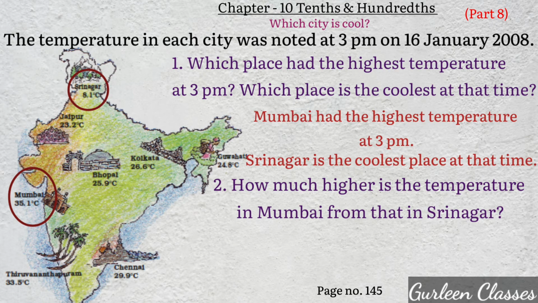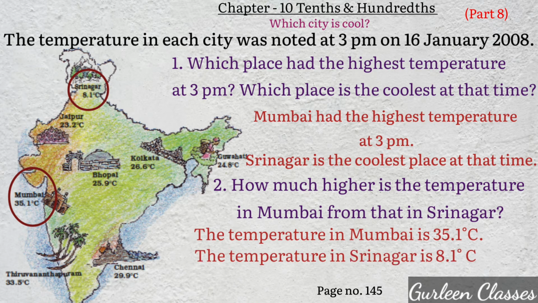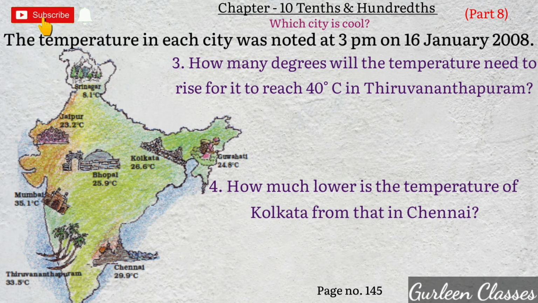Question number 2. How much higher is the temperature in Mumbai from that in Srinagar? The temperature in Mumbai is 35.1 degrees and the temperature in Srinagar is 8.1 degrees. So let us subtract, it is coming 27 degrees Celsius. So Mumbai is higher than Srinagar by 27 degrees Celsius. Question number 3.